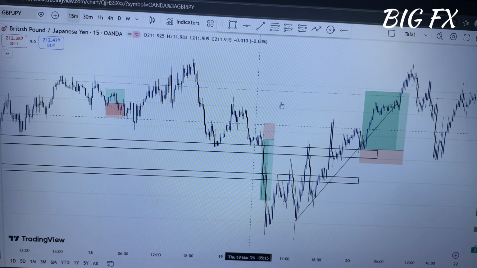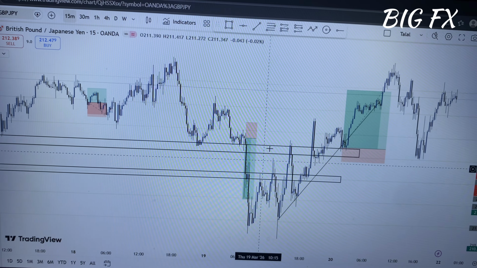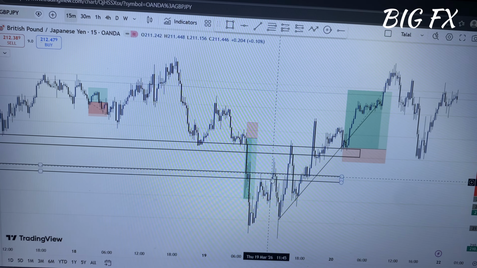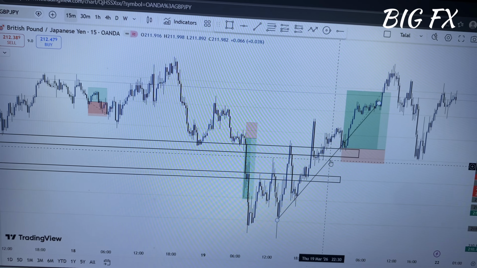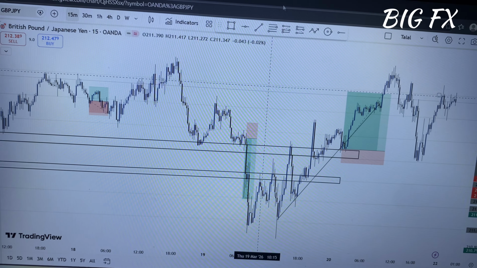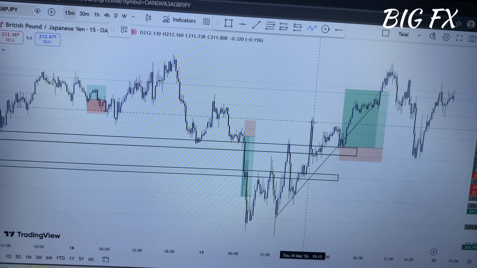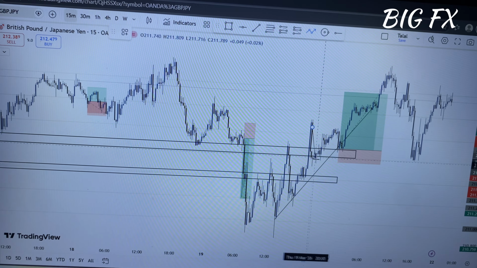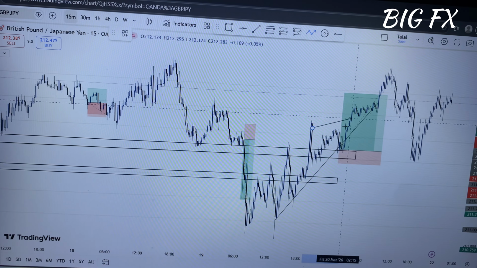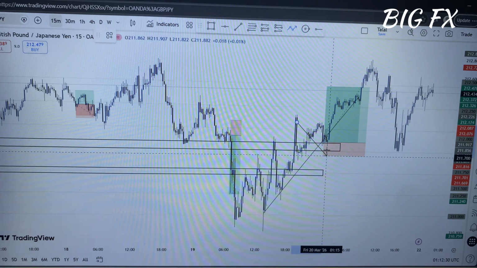You can see price was giving us a higher high, higher low, higher high, higher low, higher high, higher low, right? So with this point here at this region, I was waiting for price to give me this first tap. I was waiting for a second tap, which was a pullback to this area of interest, right?